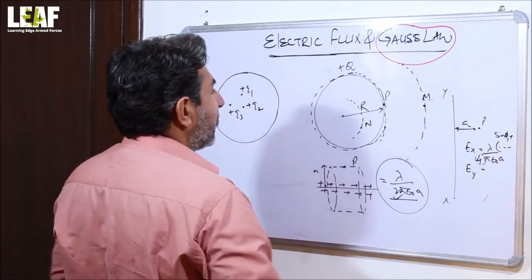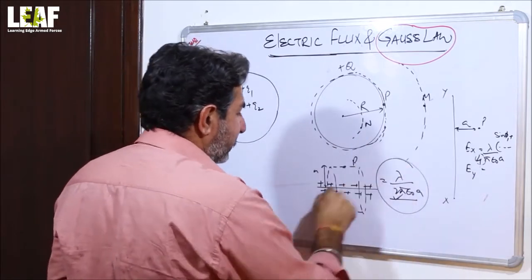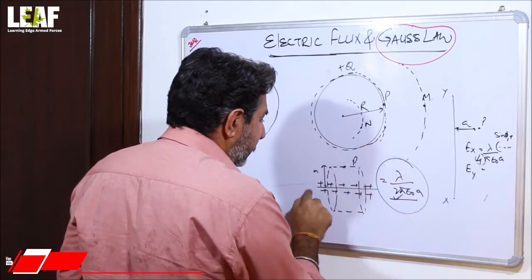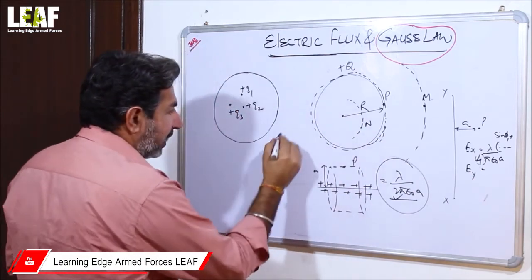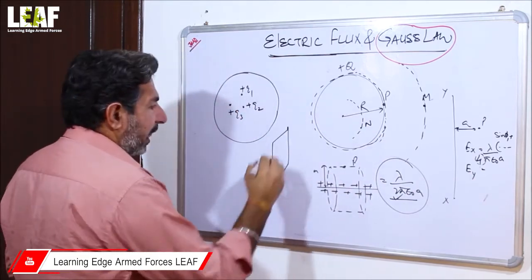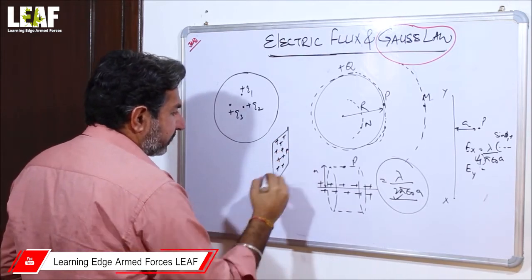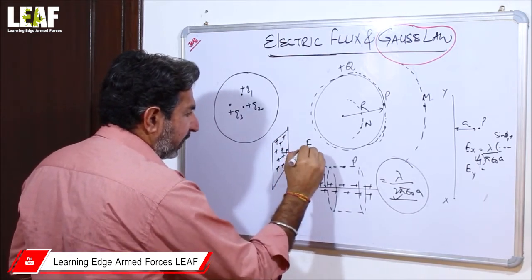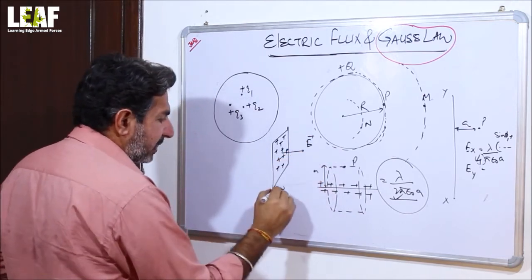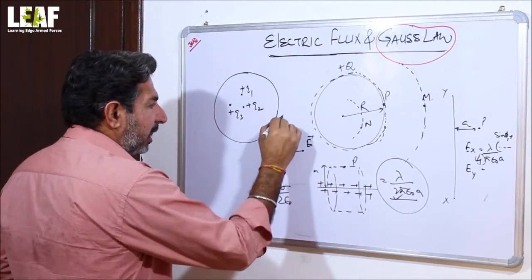So this is all about the electric field intensity when we consider the infinite wire. Then there is a sheet, right? And for this sheet, we have got the value of electric field intensity at a point near it as sigma by 2 epsilon naught, for a thin sheet.